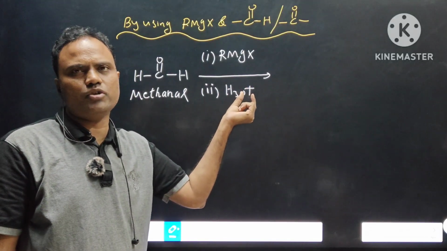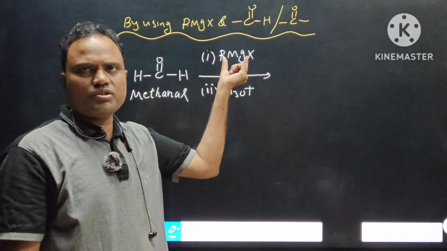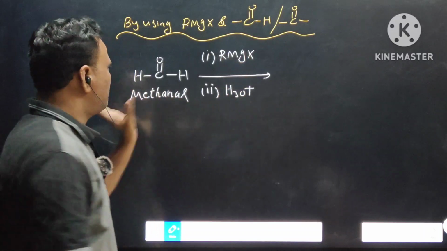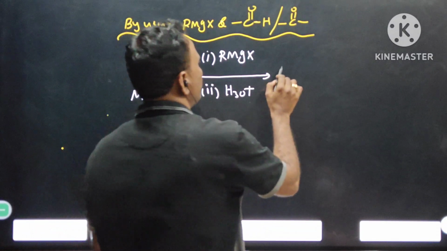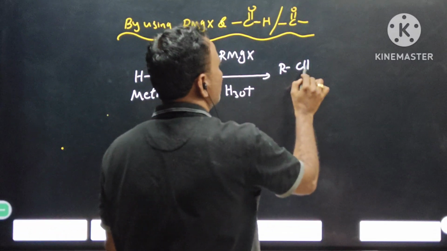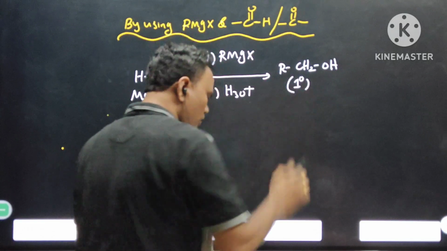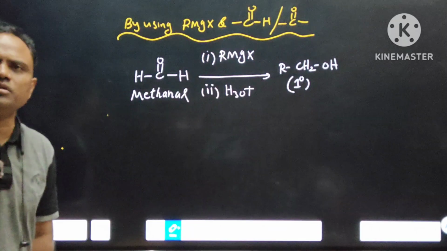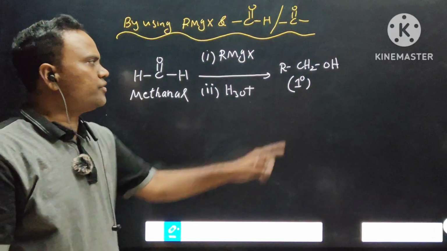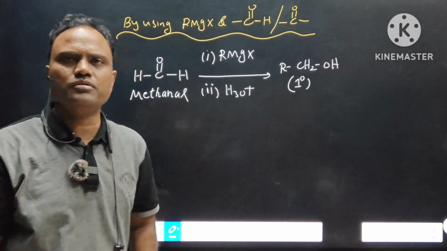H3O plus means addition of water. Formaldehyde, treated with RMgX followed by hydrolysis, produces 1 degree alcohol. Very important. We are preparing alcohols.